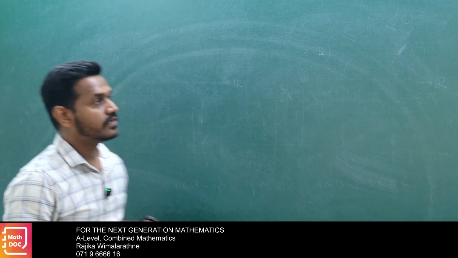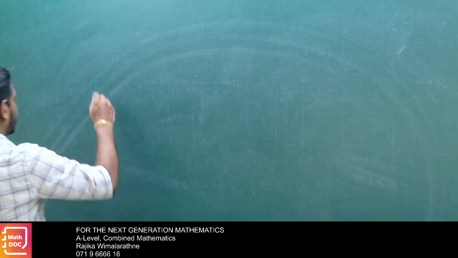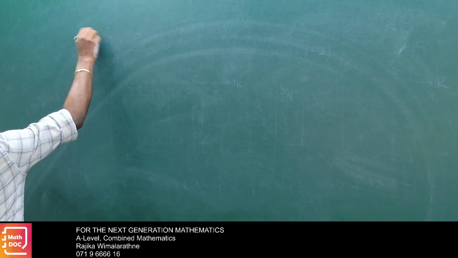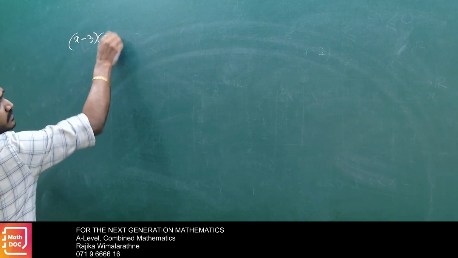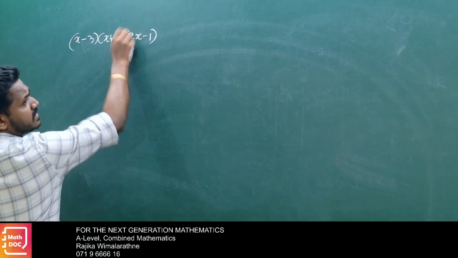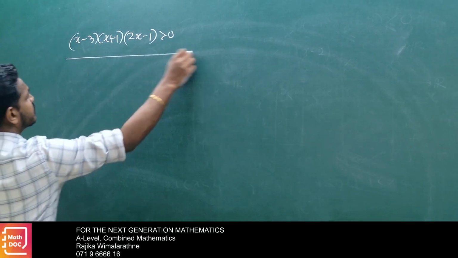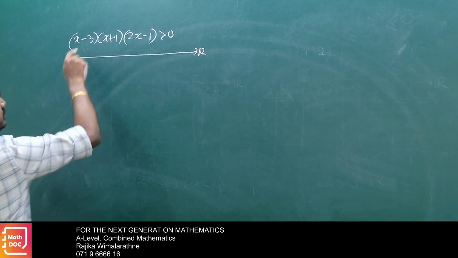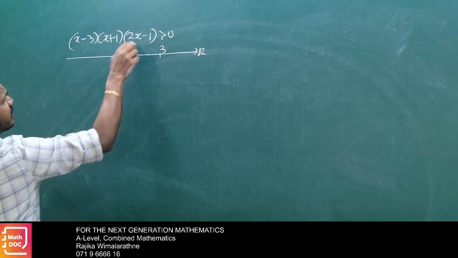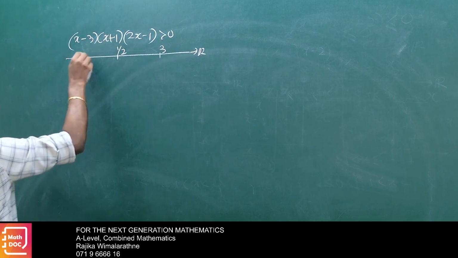I'll do the first 2. Yeah, (x minus 3)(x plus 1)(2x minus 1) greater than 0. Mark on the number line: here 3, here half, here minus 1.